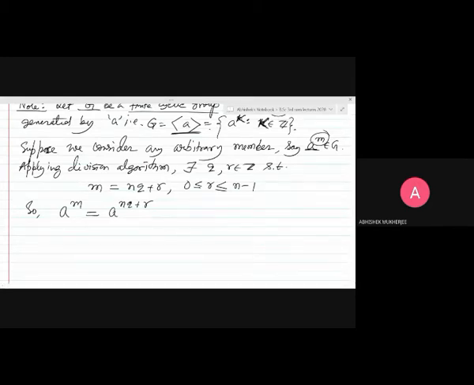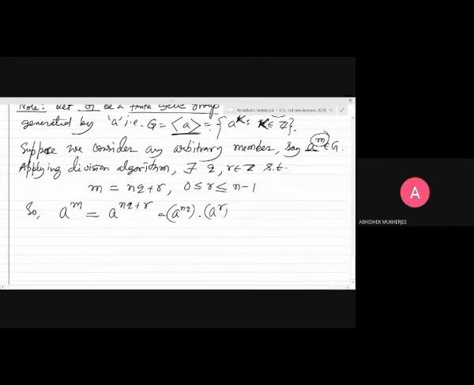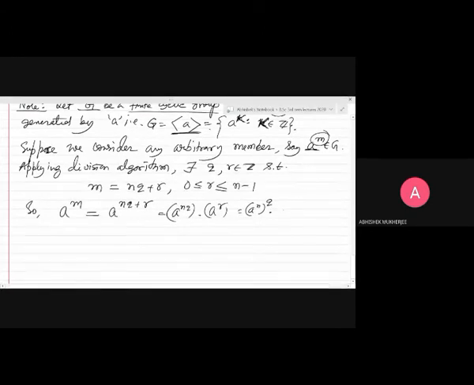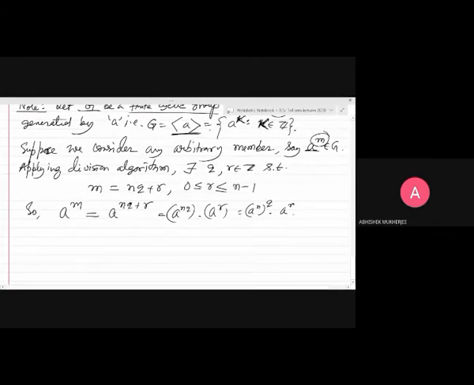That means it is a to the power nq times a to the power r. That means it is (a to the power n) to the power q dot a to the power r, right?